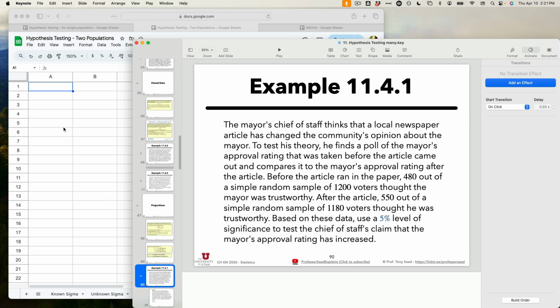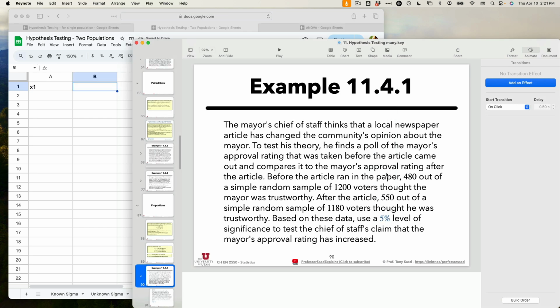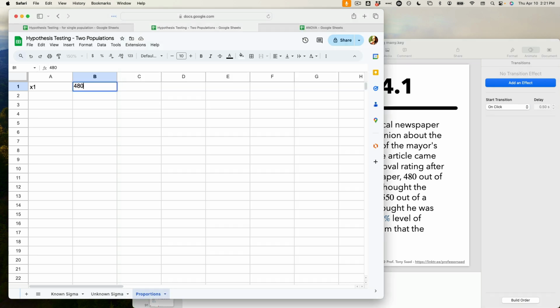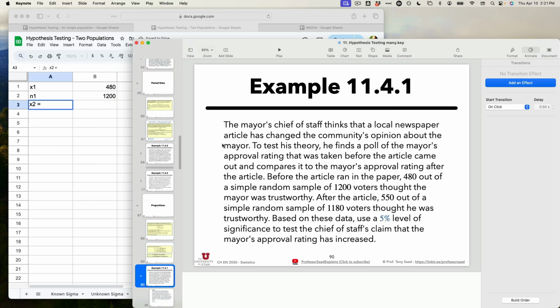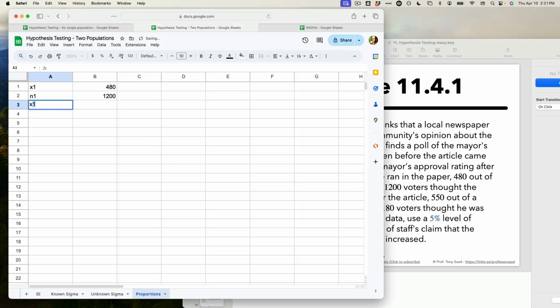So we're going to do X1 here. In this case, this is 480. N1 is sample size 1, which was 1,200. X2 is 550.